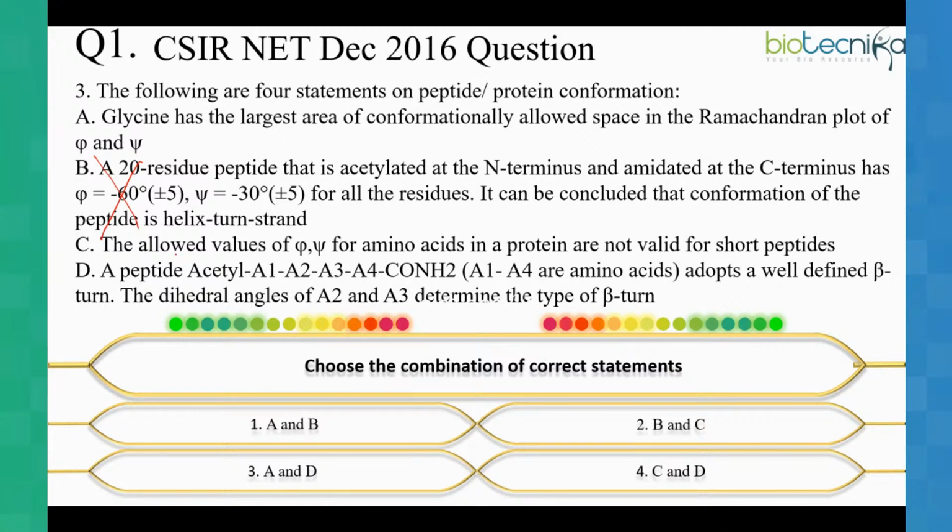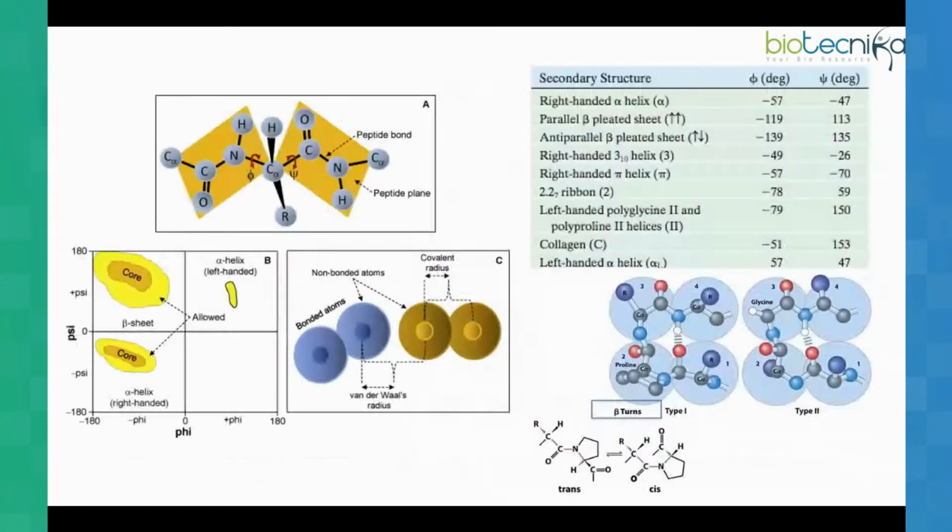Now the third statement: allowed values of phi psi for amino acids are not valid for short peptides. When you take a particular peptide plane, this is a peptide plane, and you can see the two peptide planes are connected by C alpha. This is an entire amino acid.